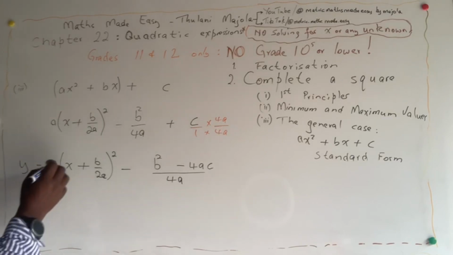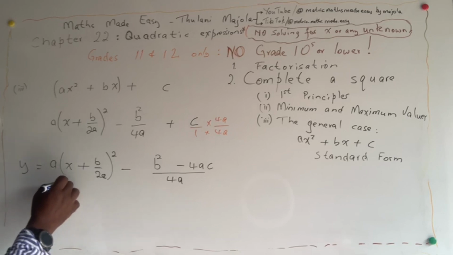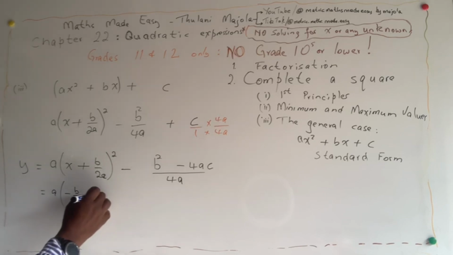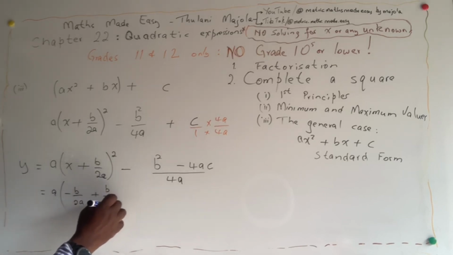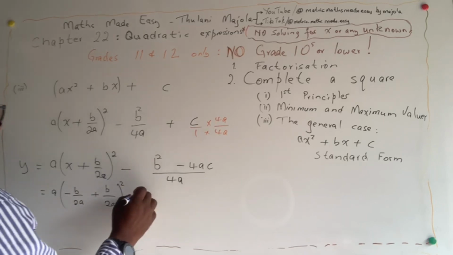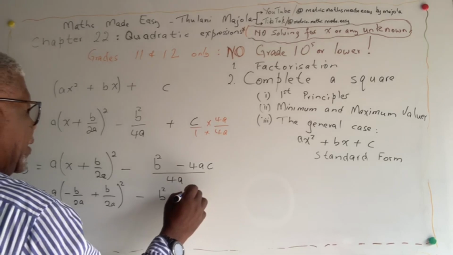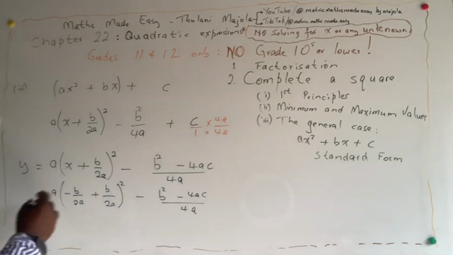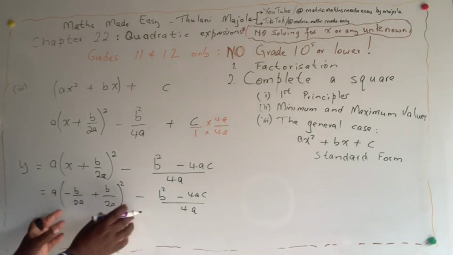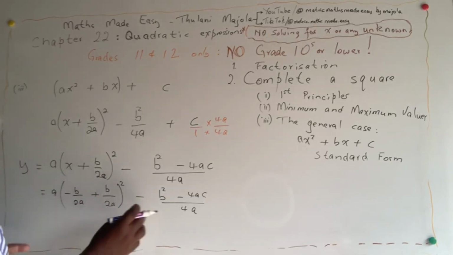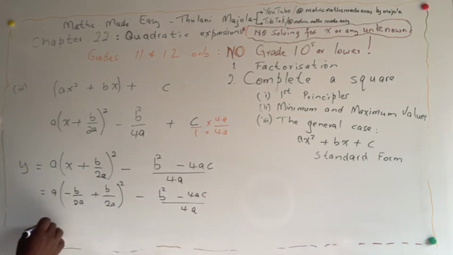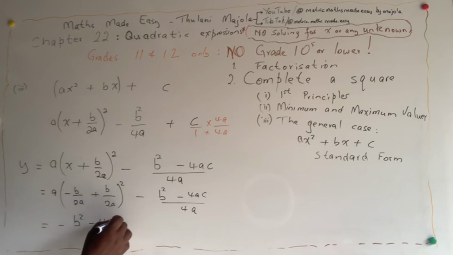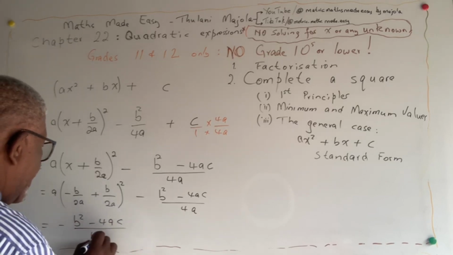So this will be equal to a times, now your x is minus b over 2a, which is your axis of symmetry, plus b over 2a, squared, minus b squared minus 4ac all over 4a. So this is a times 0 squared minus b squared minus 4ac over 4a. So your y will be minus b squared minus 4ac all over 4a.